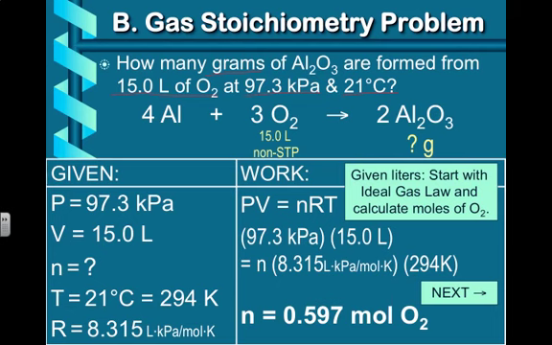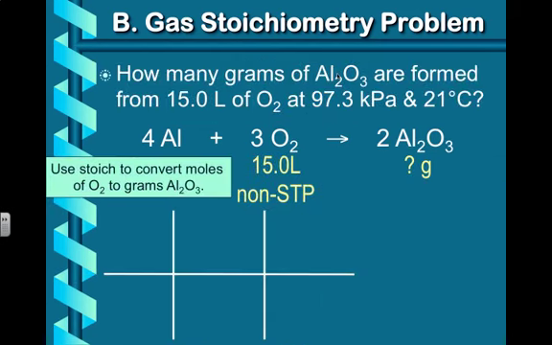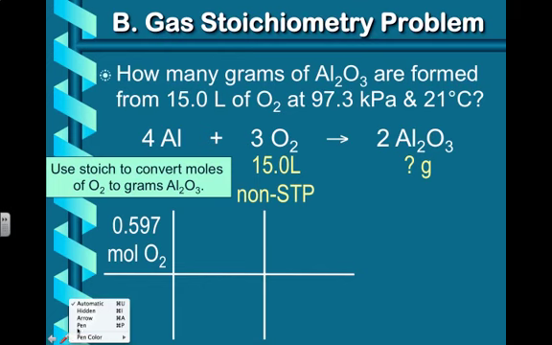So I have this many moles of oxygen. Now I need to do the second part, because the problem is not asking for moles of oxygen. It's asking for grams of aluminum oxide. So now I need to do stoichiometry. I'm going from moles of O2, which I just found, and I want to go to grams of aluminum oxide.